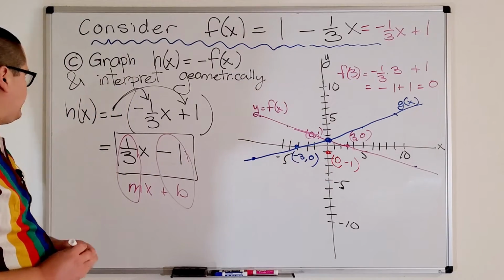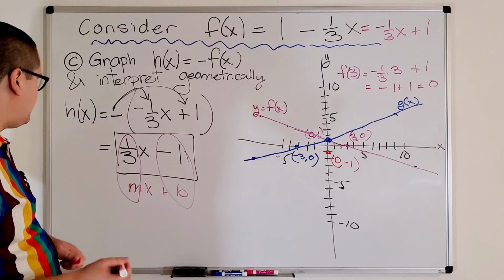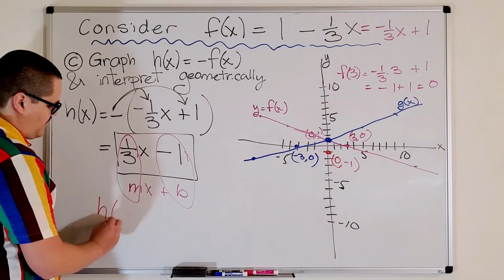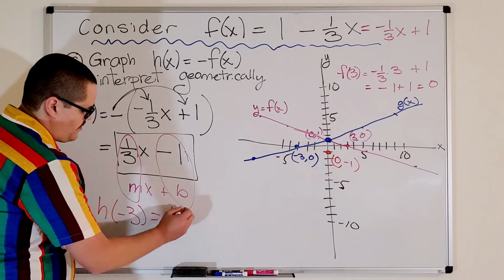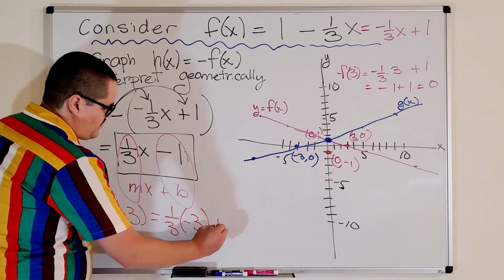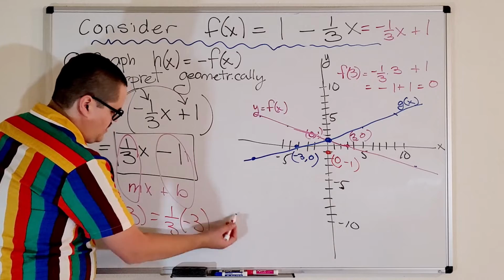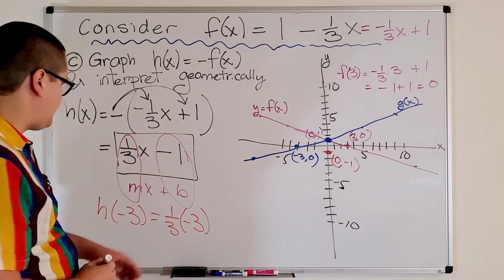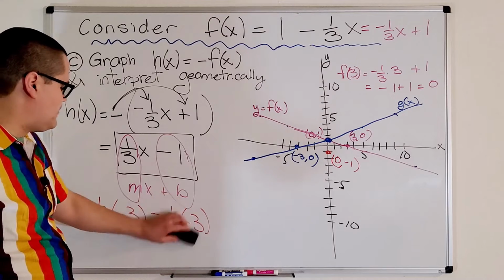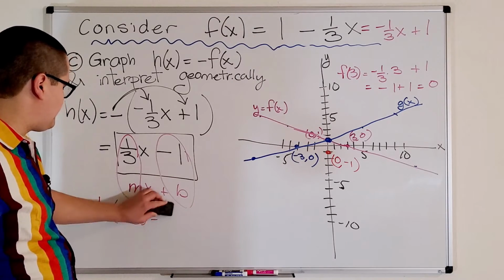And if we wanted an integer point, I could plug in negative 3 for x, and I would get h of negative 3 is 1/3 of negative 3. Whoops. Actually, I lied. Let me plug in positive 3. You could do this too, but I think it'll be clearer with positive 3.